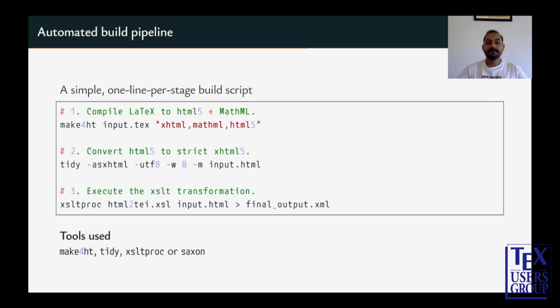For this purpose, we use the command line utility tidy. Once tidy runs through this input HTML, we get a strict XHTML, which can then be transformed into the desired XML schema such as TEI XML or NLM or JATS by using xsltproc or Saxon or other tools.